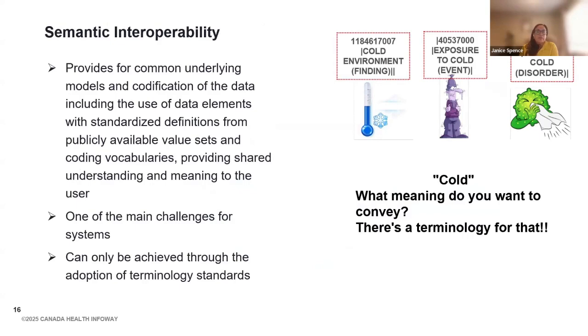And I've used this often used example to give context because it resonates most often with folks, where you're trying to convey a simple concept like a cold. And this can be conveyed in several different clinical contexts.